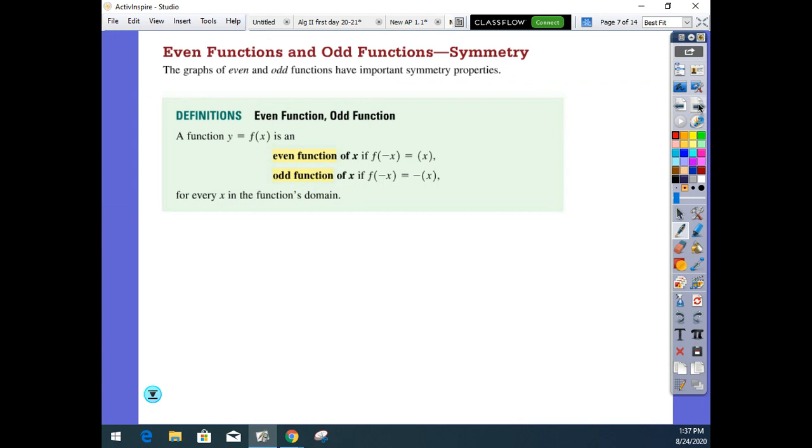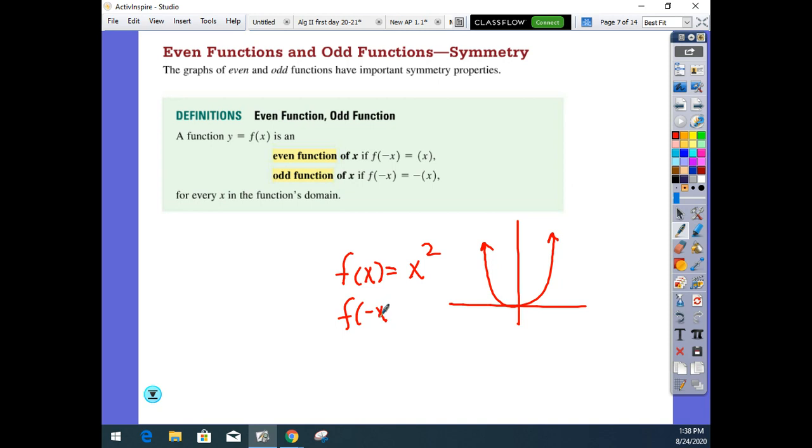Even and odd. Okay, so I want you to think of the most basic even number. Take that number 2, an even number, and make it the exponent. If I look at this graph, y equals x squared, what happens if I plug a negative x in for this function?